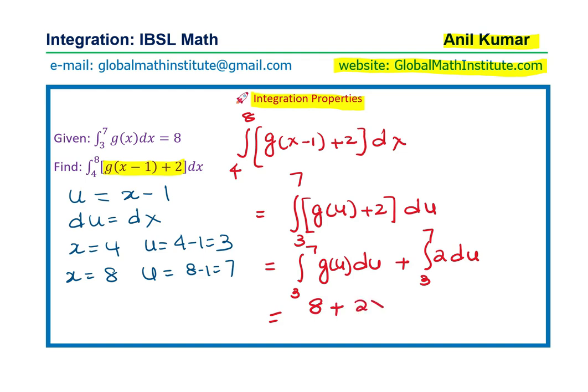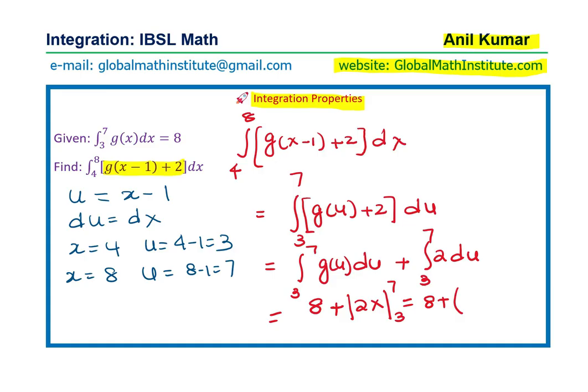So 2x, and then we can see from 3 to 7. So which is 8 plus 2 times 7, which is 14, minus 2 times 3. Or you can say 7 minus 3, which is 4, and 4 times 2, which is 8, right?